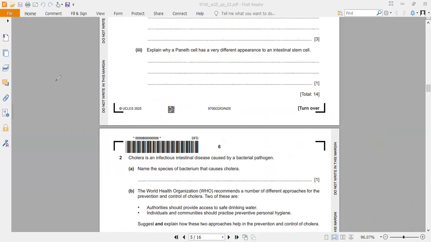So, the reason behind this is that a Paneth cell is a fully differentiated cell with a specific function, which is secretion, requiring specialized organelles like rough endoplasmic reticulum and granules. In contrast, an intestinal stem cell is undifferentiated and its primary role is to divide to replace other cells. So it lacks the extensive secretory machinery seen in the Paneth cell. So this is the one difference which we can write.